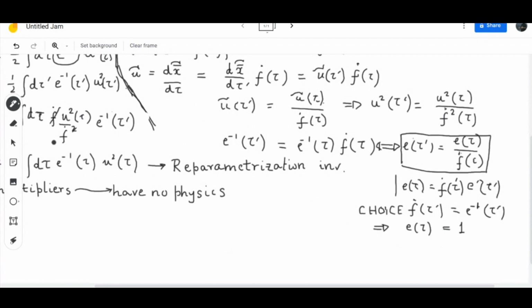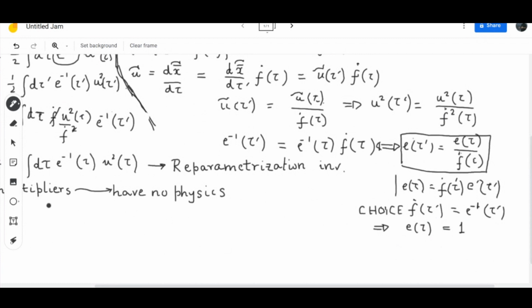Given the fact that the action is invariant, the action couldn't care less about what function f of tau I chose. So I choose an f of tau which is the inverse of tau prime. You can turn it the other way around, it doesn't matter. You can always go from the last step to the first step, and choose the function f in such a way that the new e becomes equal to 1.